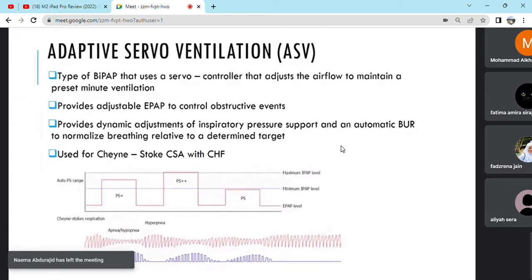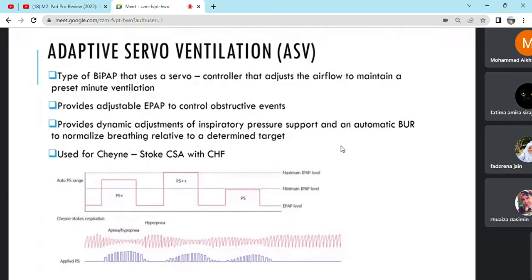Why is ASV good to use here? Because the problem lies in your central sleep apnea. Why do we not use it with obstructive sleep apnea? Because in obstructive sleep apnea, you still have the thoraco-abdominal efforts, because the problem is only the obstruction of your upper airways.